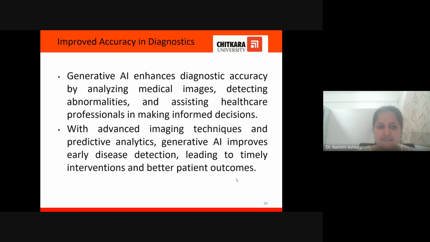So it enhances the accuracy of analyzing medical images. It will start detecting the abnormalities. When it comes to cancer or any other big diseases, these are the abnormalities. When it can see that a particular thing is not there in everyone, but is there in the particular person, then the machine will tell that this is an abnormality.